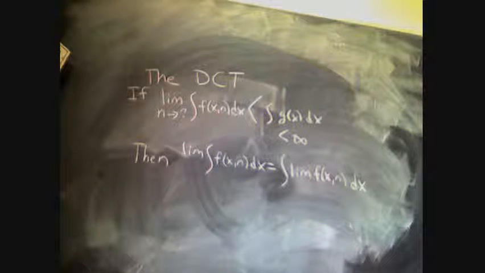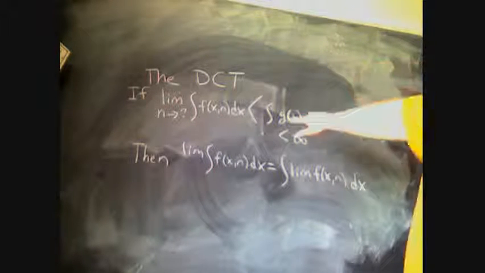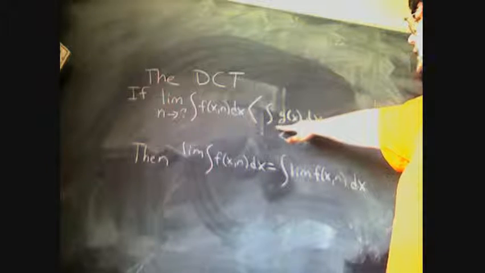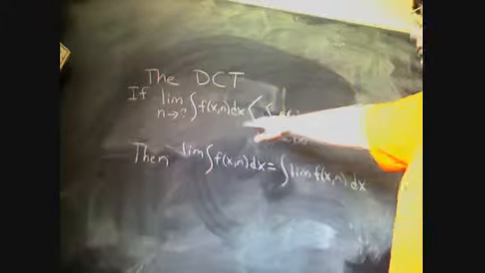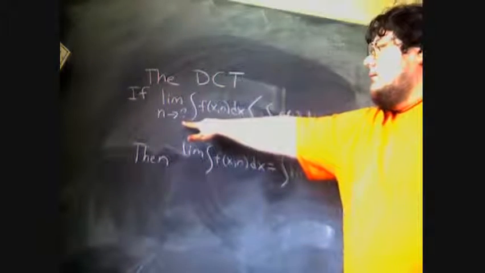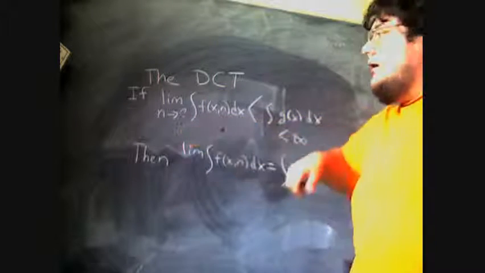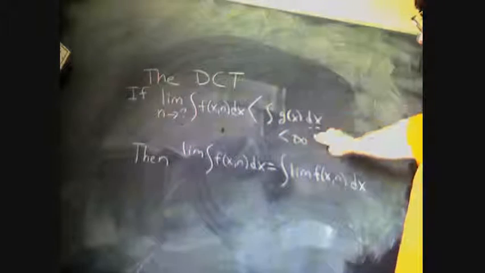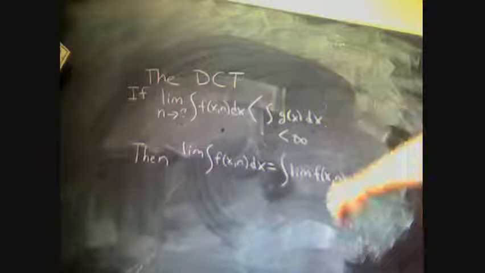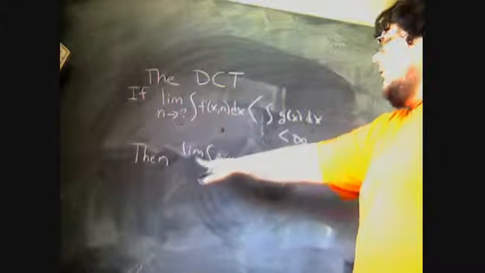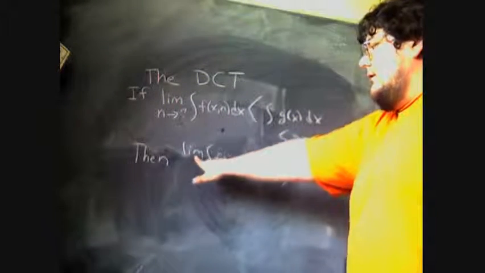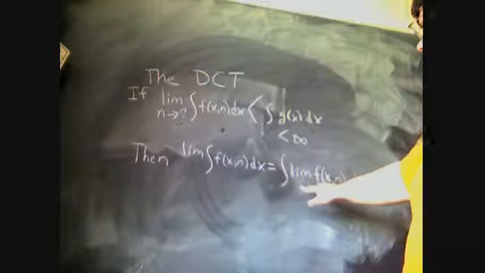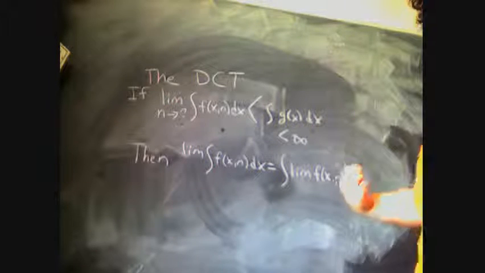Basically, if we can find a function g that will bound our limit function, which we don't know, and g is finite within the bounds, then we can essentially switch the integral and the limit. So we can take the limit on the inside, evaluate the limit, and then just take the integral.